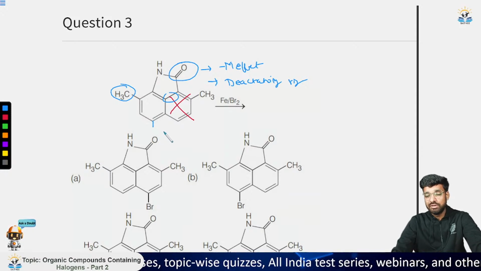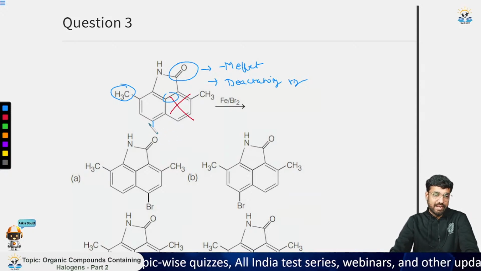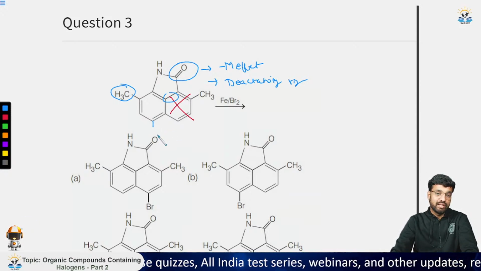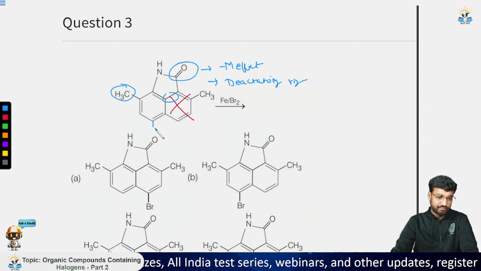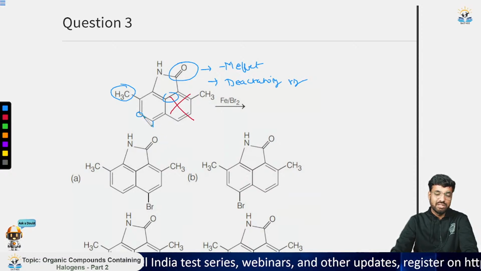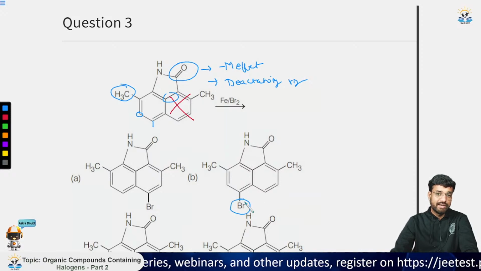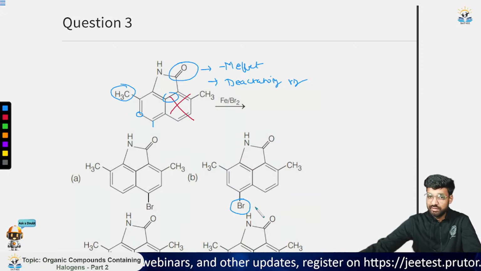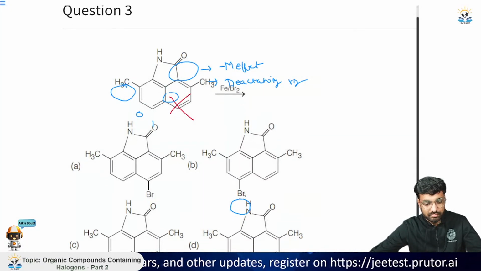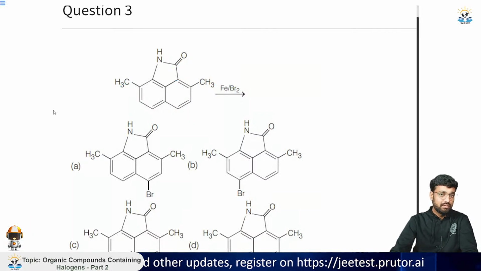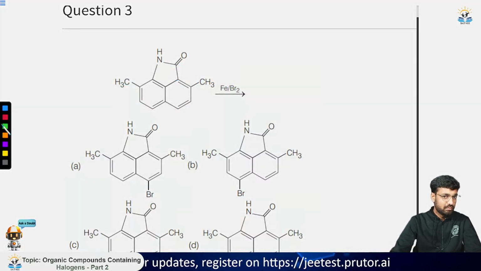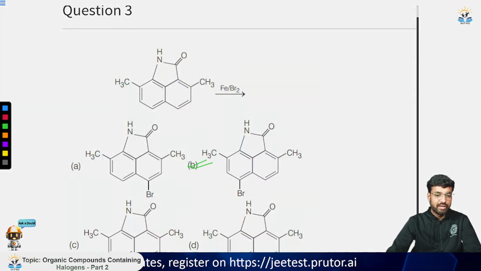Also we know that the reaction will take place here because it is sterically less hindered. This is the meta position, here it cannot be done. So we will take this position as the final one. So this will be the final product. This is your answer, B1.